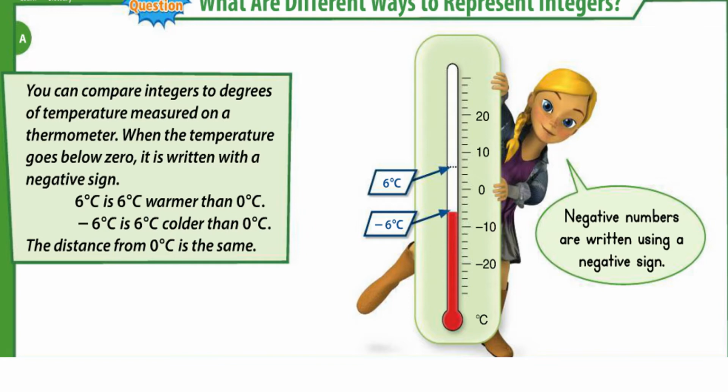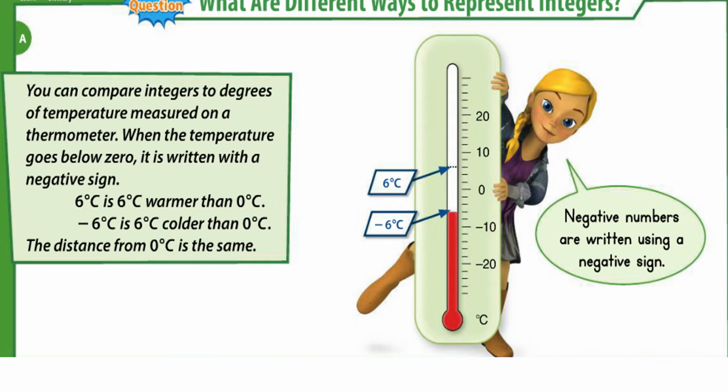So I want you to know that -6 and 6 have the same distance from the number 0, and also -6 means 6 degrees below 0, and 6 degrees means 6 degrees more than 0. If the temperature in one room is 6 degrees, and the temperature in another room is -6 Celsius degrees, of course the other room will be colder.